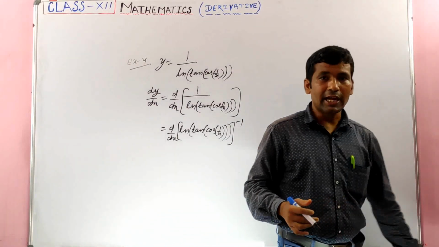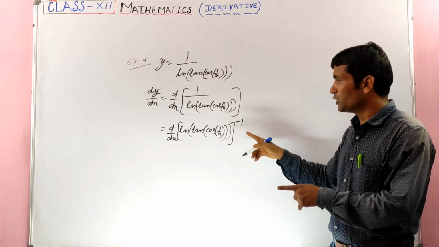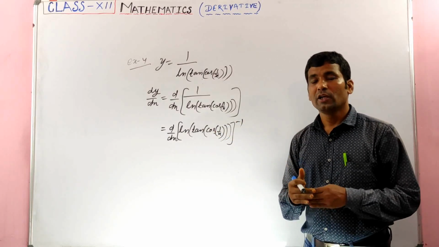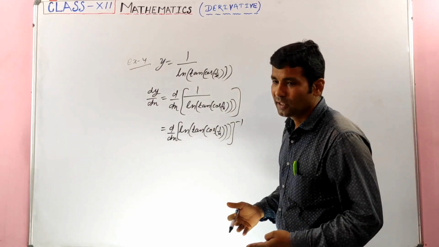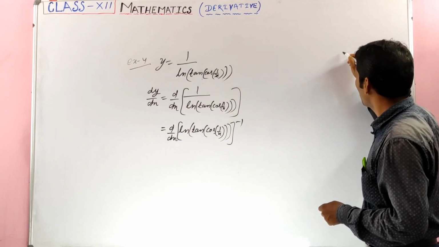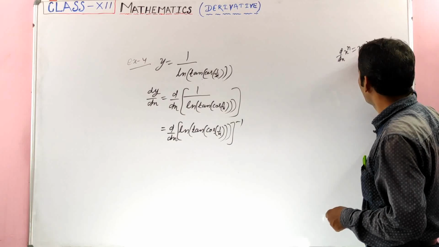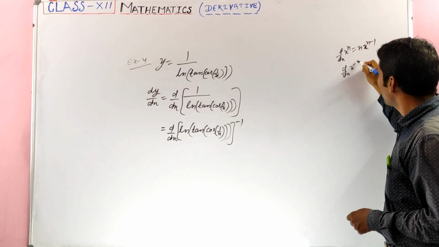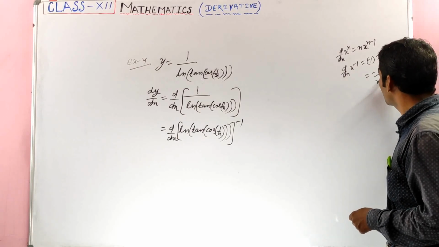See here, the derivative of ln 10 cos 1 by x, whole power minus 1. That means variable power constant. If it is constant to the power variable, then use the formula for a to the power x. If it is variable power constant, use the formula for x to the power n. What is the formula for d by dx of x to the power n? It is equal to n x to the power n minus 1. Similarly, d by dx of x to the power minus 1 means minus 1 into x to the power minus 2, which is minus 1 by x squared.